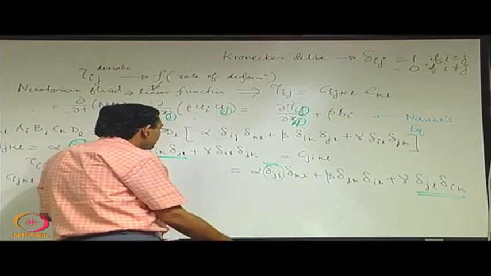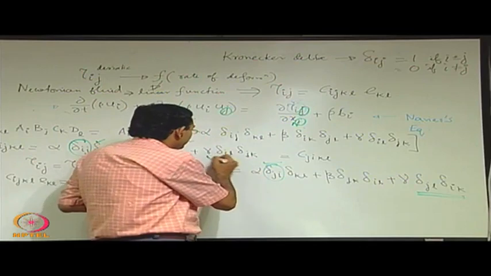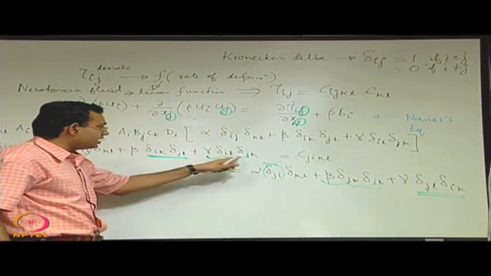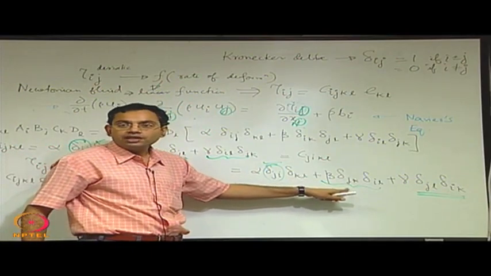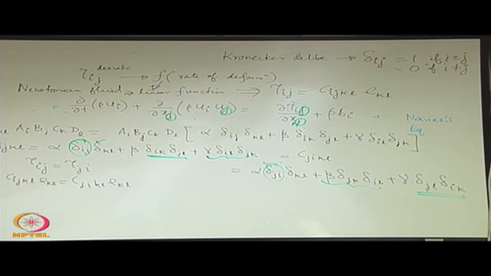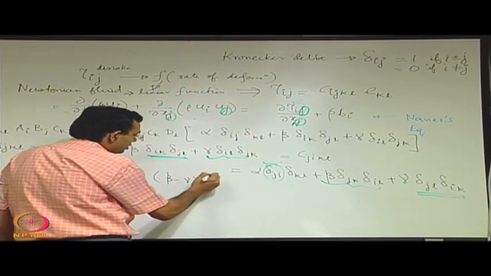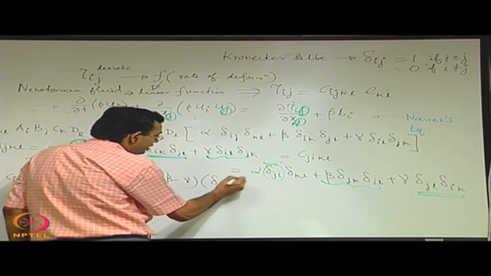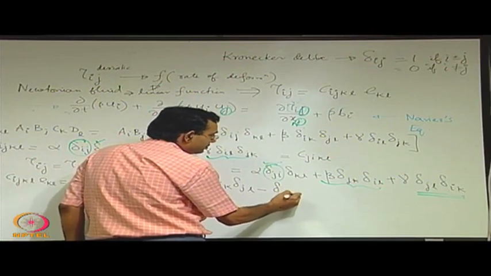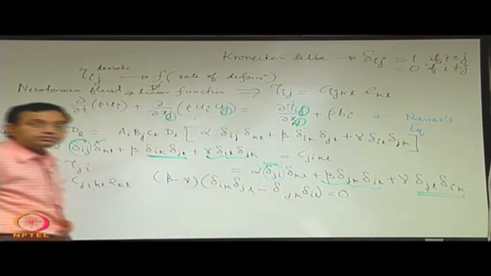And for the other term, the coefficient of gamma here is the same as the coefficient of beta there. So you can combine that in a simple factorization and write beta minus gamma into delta ik delta jl minus delta jk delta il, that is equal to 0.